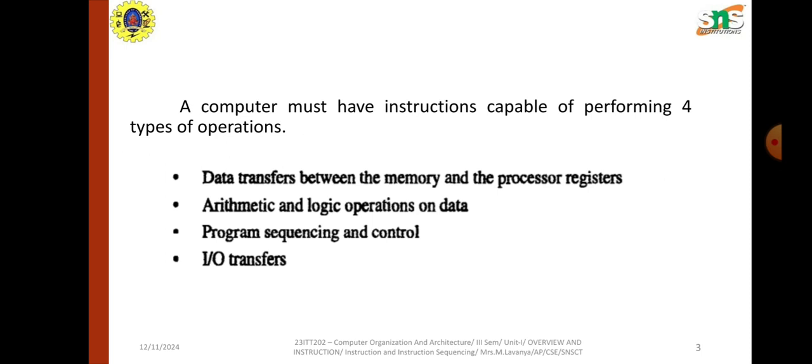The third one is program sequencing and control. Program sequencing and control is nothing but, after reading the instruction of the program, the actions to be performed for that particular instruction line will be passed to the system in the manner of control signals. That is, it will be passed as interrupt signals.